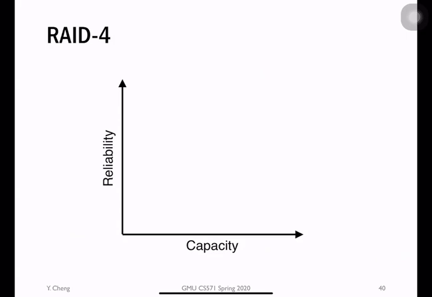So here in this slide, we're looking at this two-dimensional scatter plot, and the x dimension, or the horizontal dimension, is capacity. Okay, how much unique data that you could store, and the y dimension is reliability. Reliability is how many disk failures you could tolerate. And here, the higher the better. Again, capacity, the higher the better.